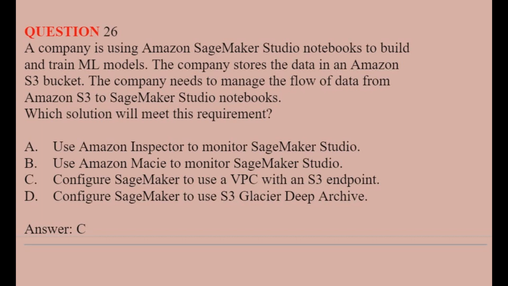Option A. Use Amazon Inspector to monitor SageMaker Studio. Option B. Use Amazon Macie to monitor SageMaker Studio. Option C. Configure SageMaker to use a VPC with an S3 endpoint. Option D. Configure SageMaker to use S3 Glacier Deep Archive. Correct answer is option C.